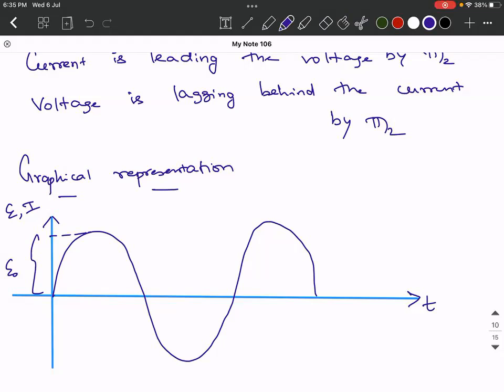Then what will happen to the current? Omega t plus pi by 2 means that current is leading the voltage by pi by 2. In the sense, the graph will get shifted to the left by pi by 2. Means the graph will start from here. It keeps going in this way.